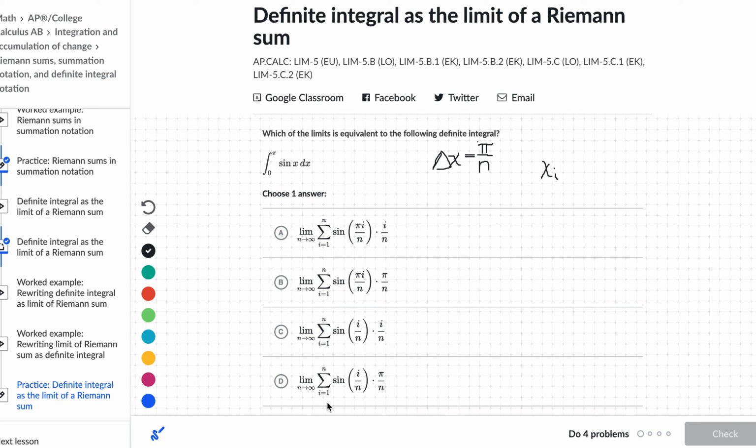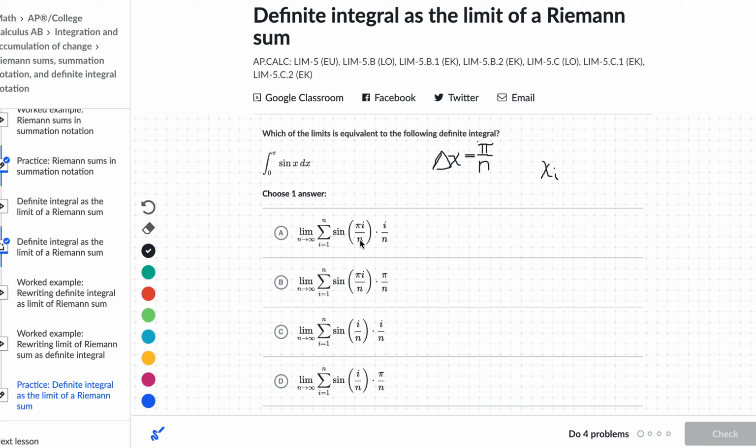None of these are going from 0 to n because they're just all going to be right Riemann sums. But this is where I'm going to sub in my sample point, and that is going to be pi over n times i. Pi over n times i plus 0, but that just drops out.